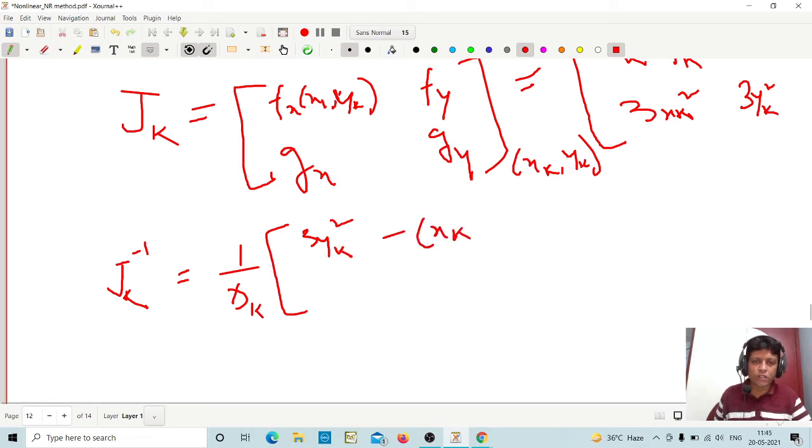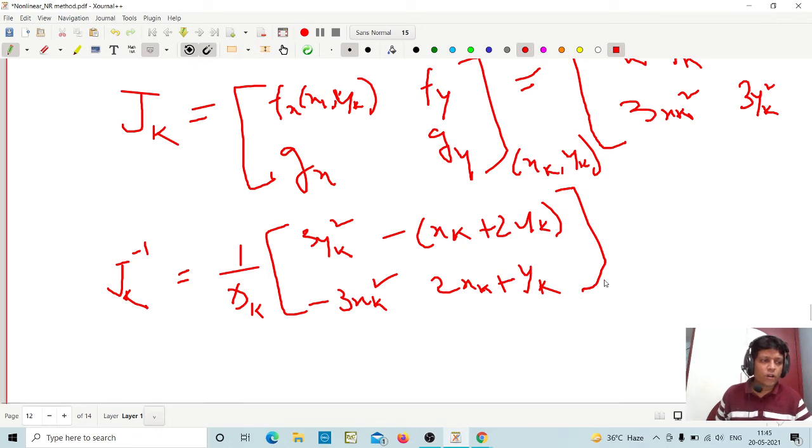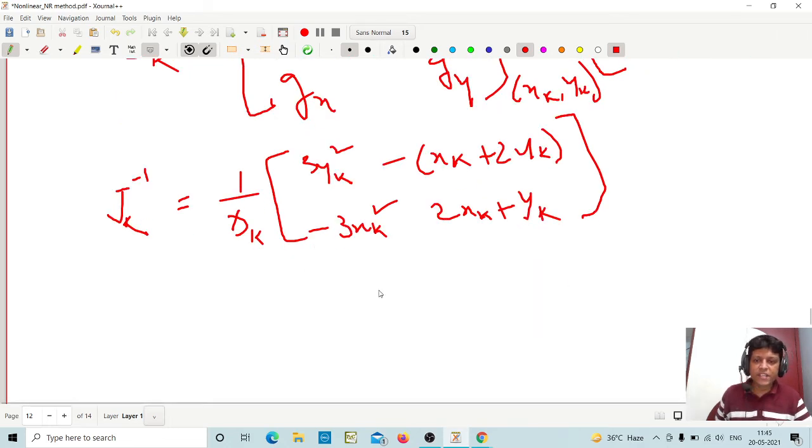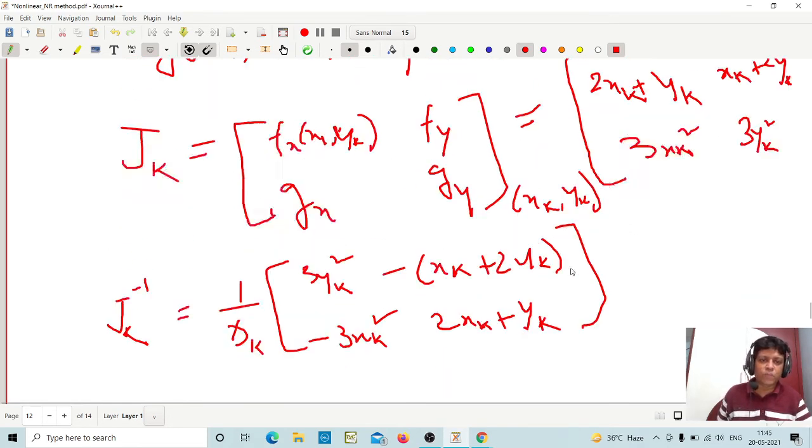I have calculated, so I am substituting the values. So 2yk and minus 3xk squared, 2xk yk plus yk. Okay, this is your inverse matrix, where dk, you can calculate the determinant of this matrix.